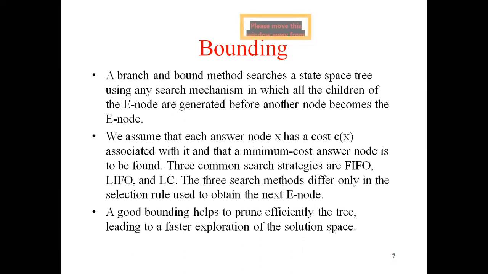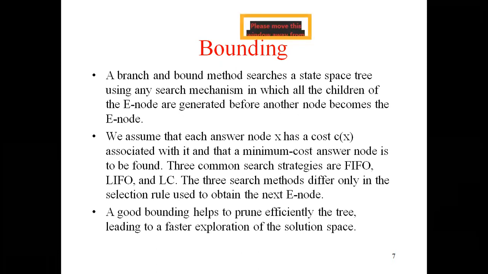Whichever has the lower cost. So three common search strategies are FIFO, LIFO, and LC. FIFO means first in first out type. LIFO means last in first out type. LIFO means stack, FIFO means queue, and LC means least cost search method.